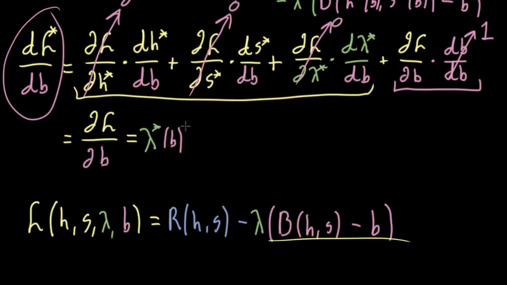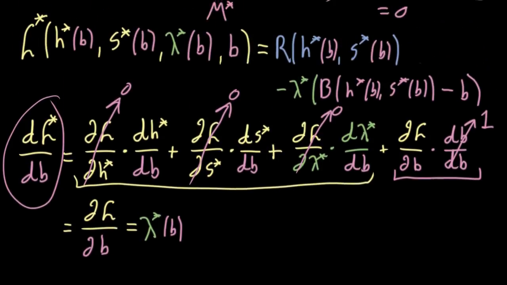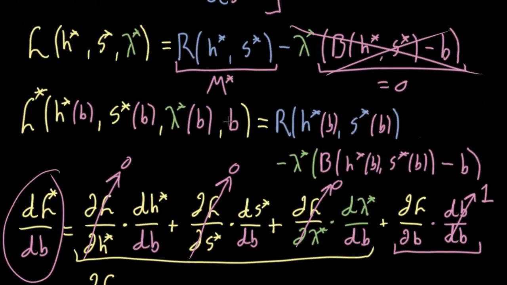So if that feels a little notationally confusing, I'm right there with you. But the important thing to remember is that we just started considering b as a variable, and we were looking at h star, s star, and lambda star as they depended on that variable. We made the observation that the Lagrangian evaluated at that critical point equals the revenue evaluated at that critical point. The rest of the stuff just cancels out.